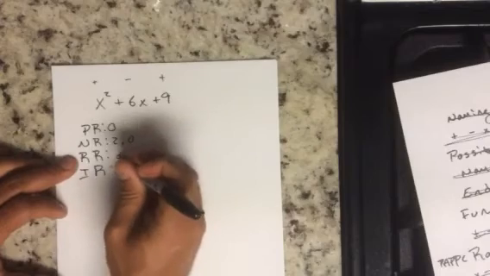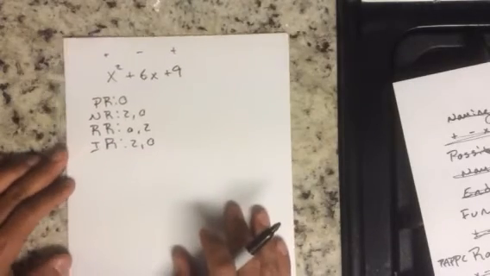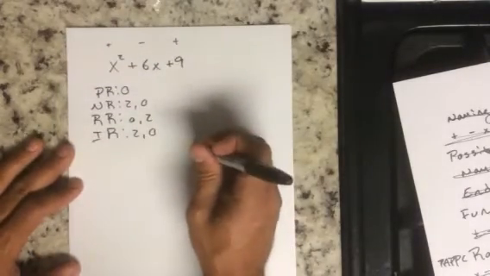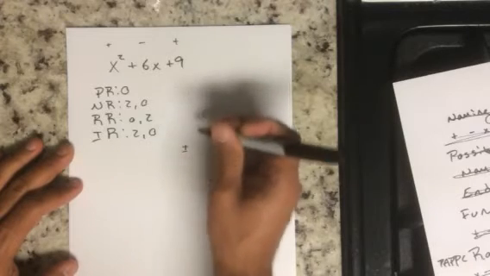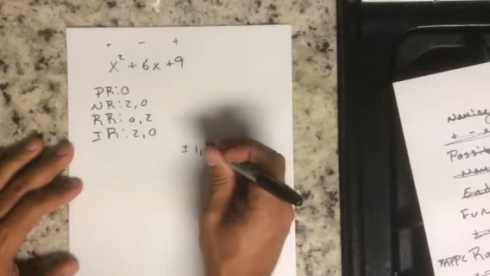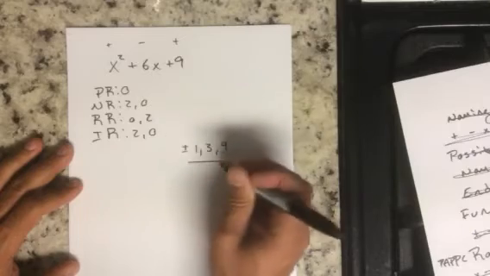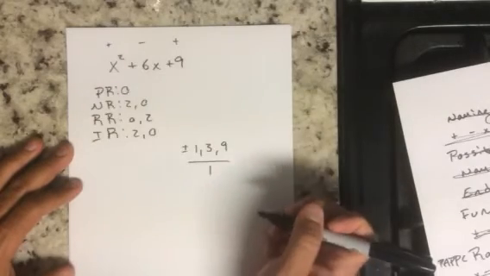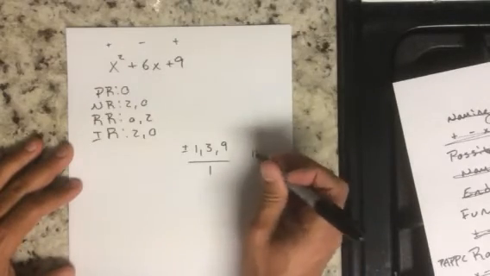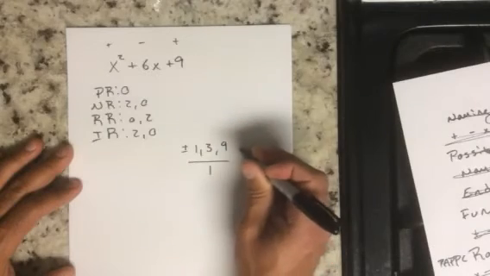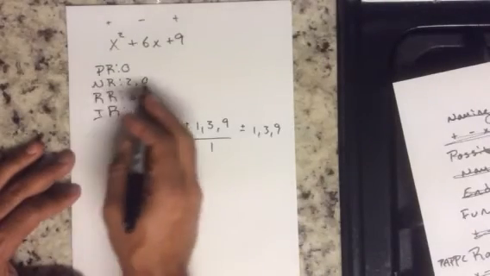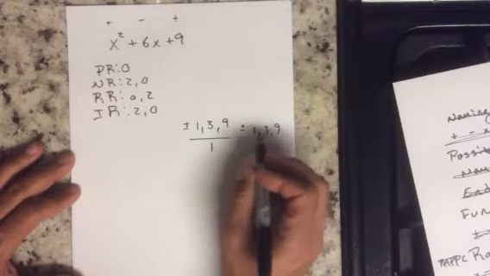Reals, I could have 0 or 2. So no positives, so let's only try negatives. So plus or minus all the factors of this, which are 1, 3, and 9, over all the factors of this, which are just 1. So positive and negative 1, 3, and 9. I know they have to be negative, so I'm only going to try the negative ones.